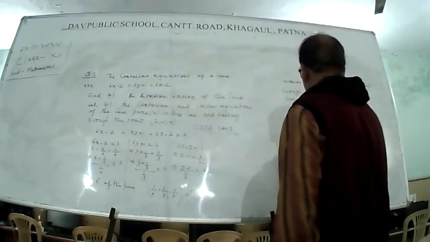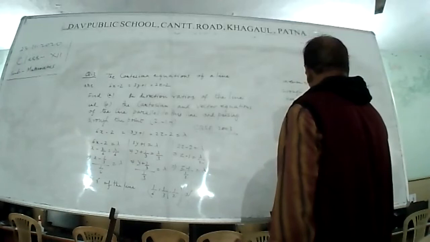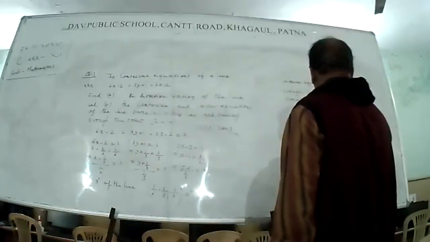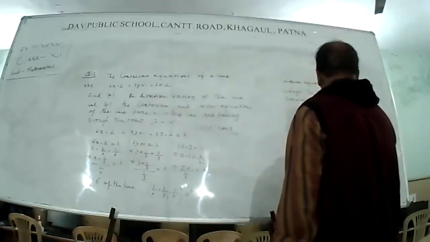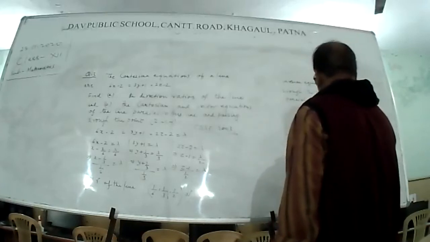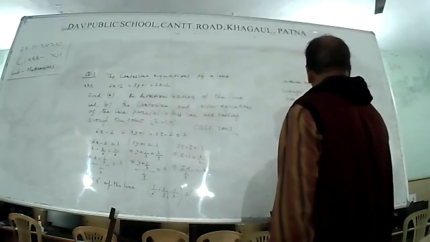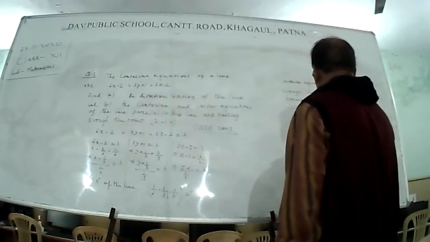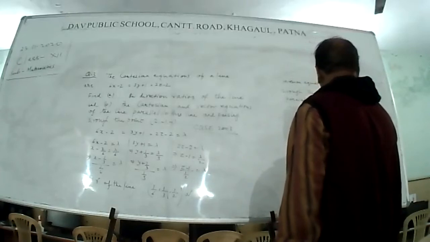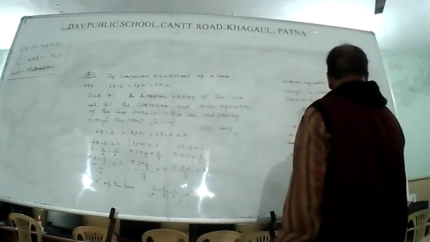Similarly, y j unit vector plus j unit vector is equal to 1 by 3 j unit vector lambda. Second. And third, also z k unit vector plus k unit vector is equal to 1 by 2 k unit vector lambda.